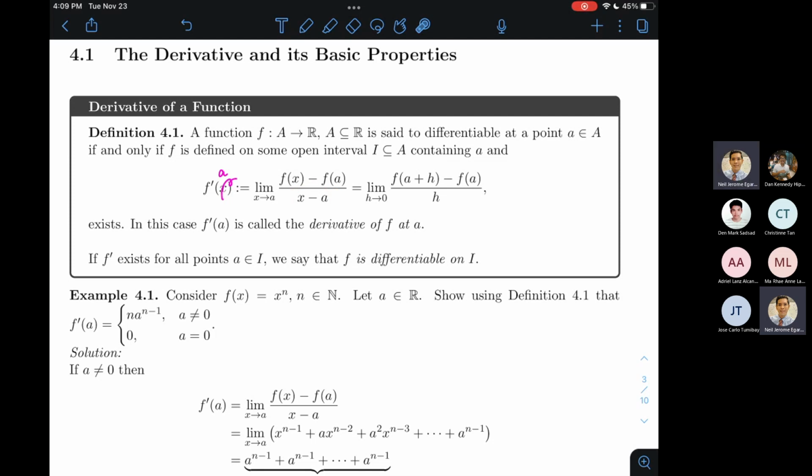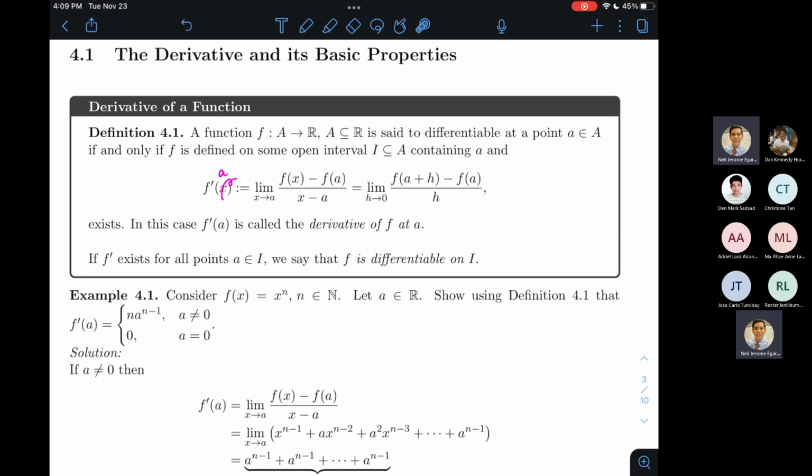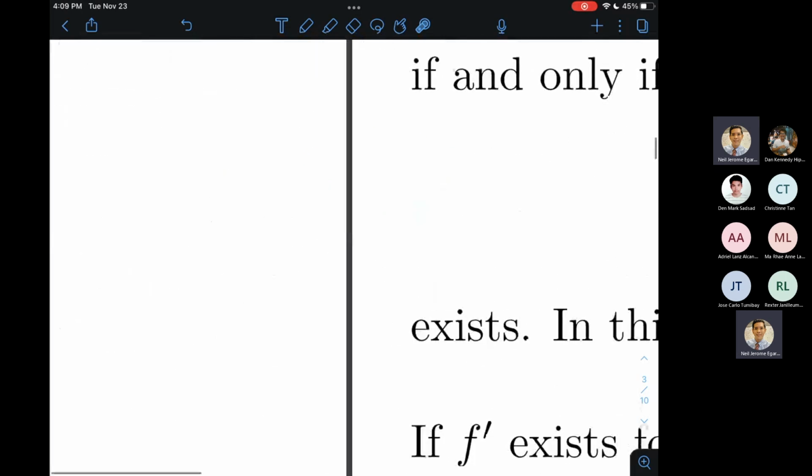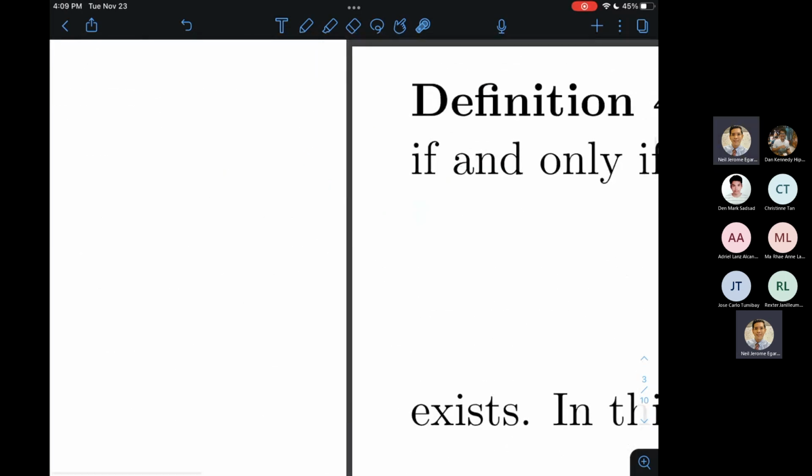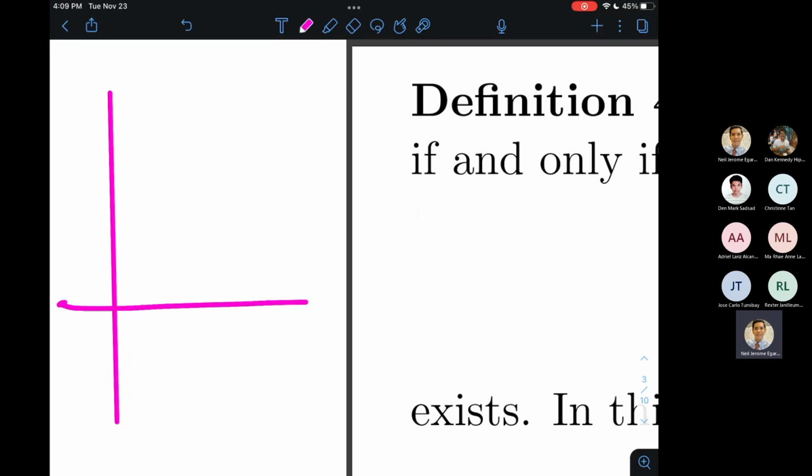So I hope you have seen the graphical interpretation of the derivative. This is nothing more but the slope of the tangent line passing through the curve at the point A. So kung babalikan natin, though this should be just a review of Math 36. Okay, x, y-axis.